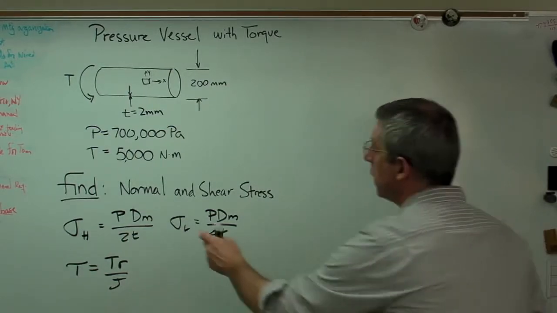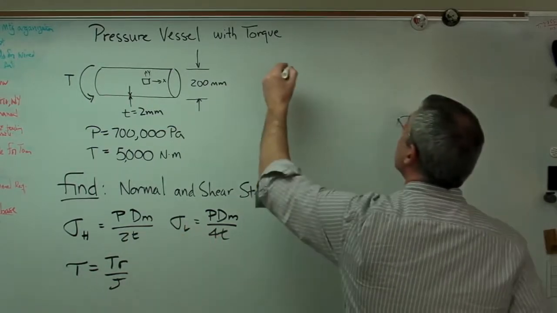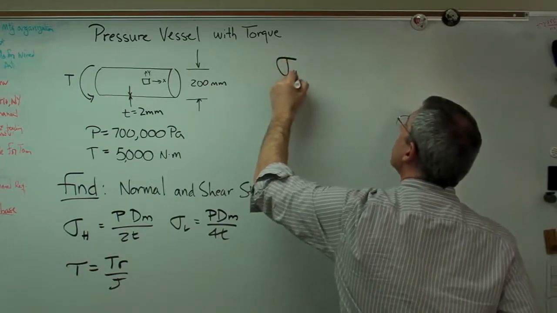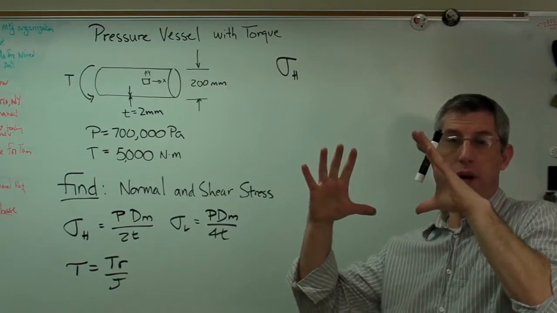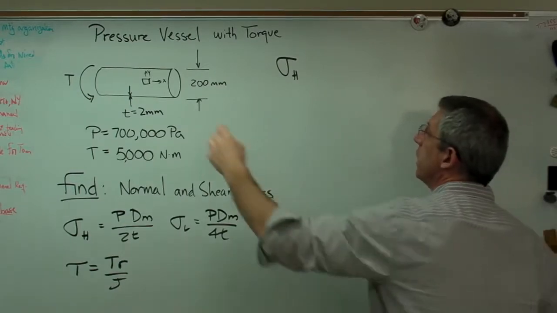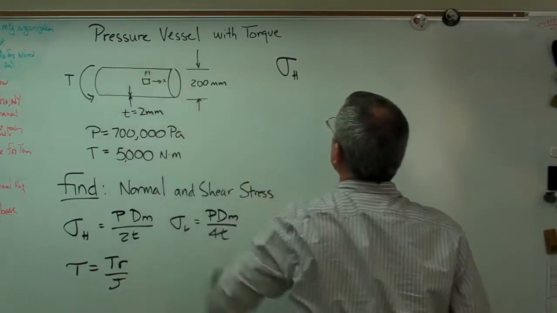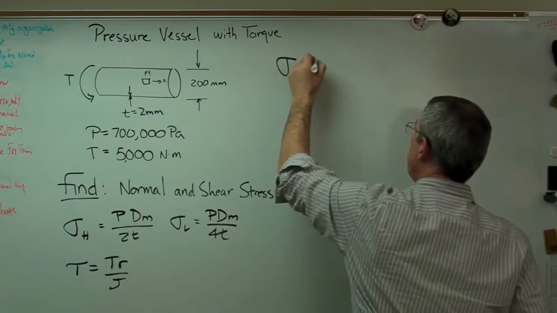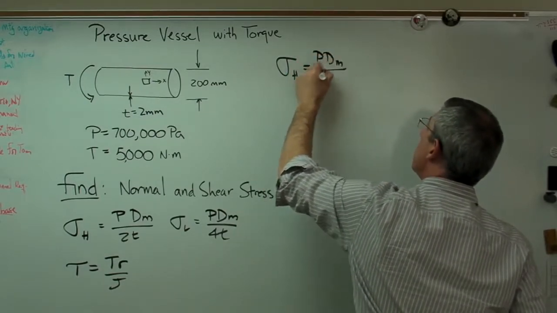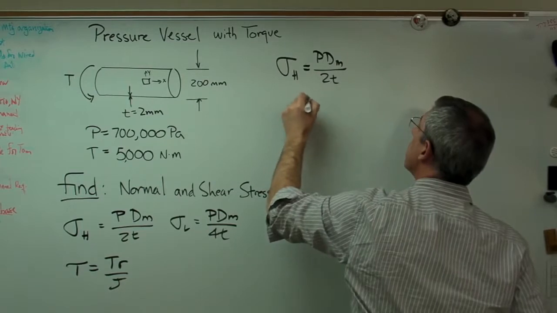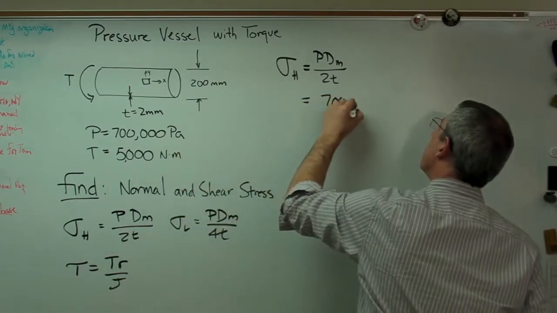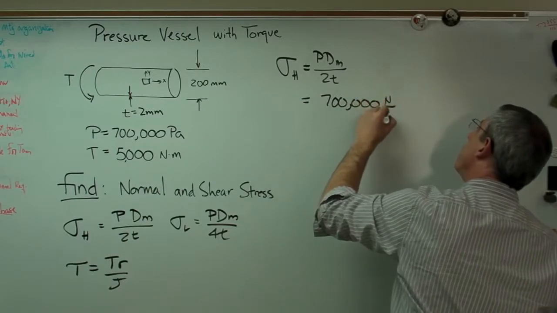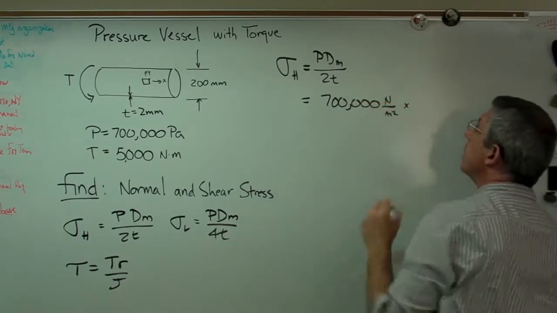All right, let's start with these two. The hoop stress, remember, is the stress that makes the tube want to get bigger. It's in the radial direction, or the tangential direction. It's P dm over 2t. Pressure is 700,000 pascals, that's in newtons per meter squared, times the mean diameter.